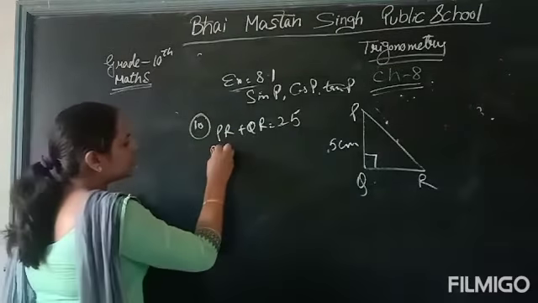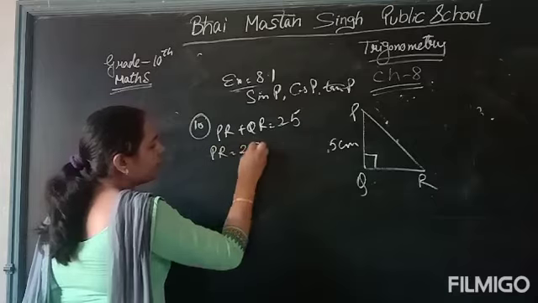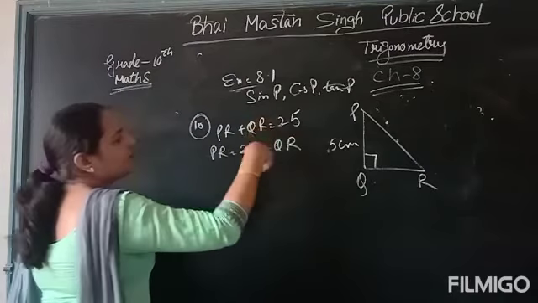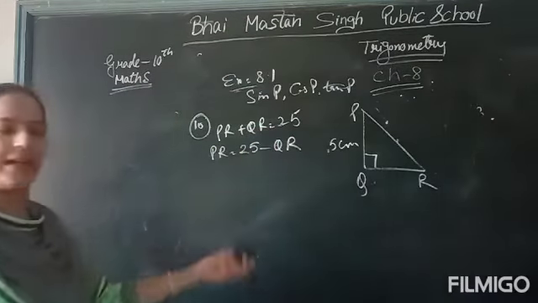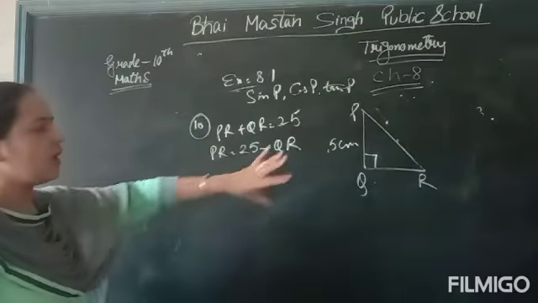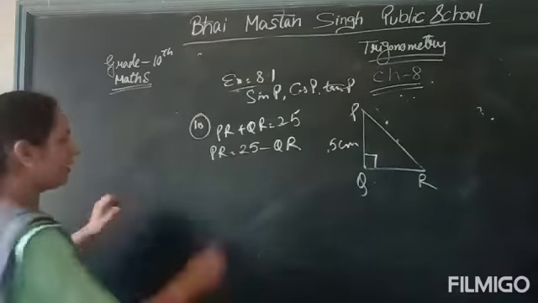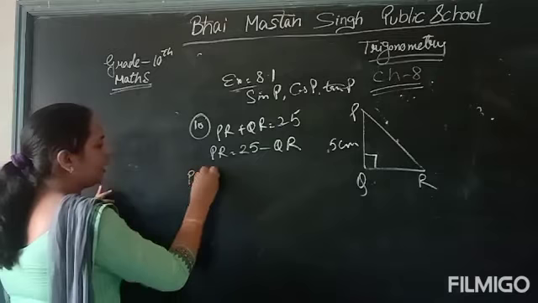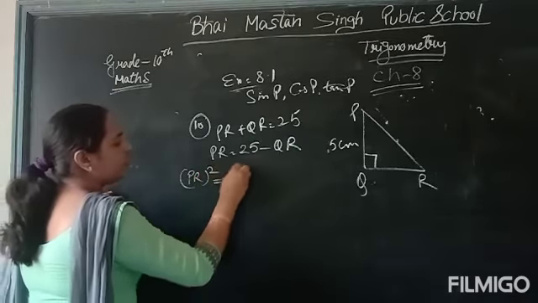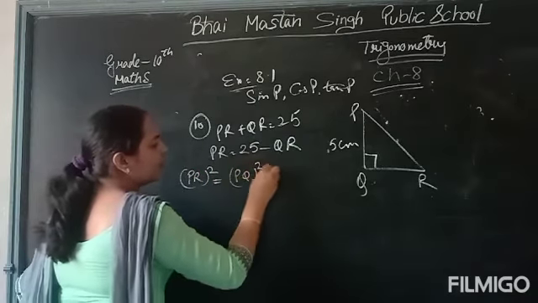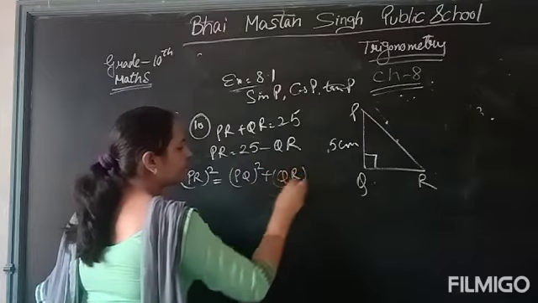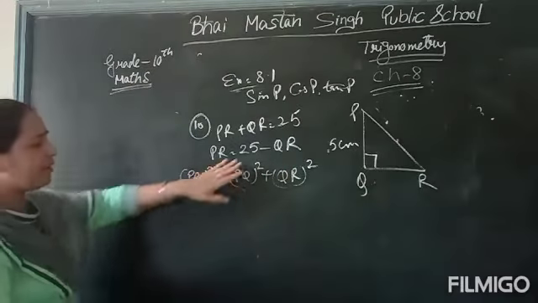So can I write this: PR is equal to 25 minus QR. If QR goes on this side, it will be of a negative sign. Now apply Pythagoras theorem on this triangle. Pythagoras: hypotenuse square is equal to perpendicular square plus base square. Now PR. What is the value of PR?